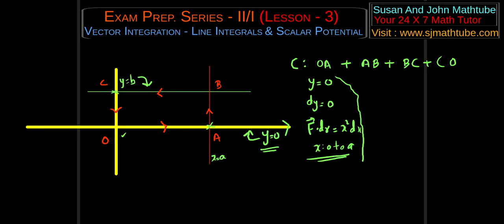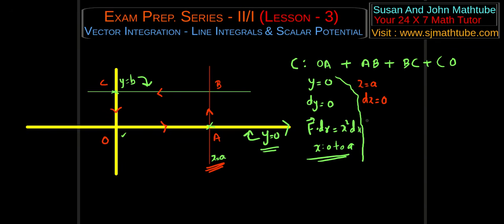Now for AB. Look at the movement. We move in the anti-clockwise direction, counterclockwise direction. AB means there is no change in x. X is fixed at a. So AB is actually the path x equal to a, and when you take the differential, dx equals 0.